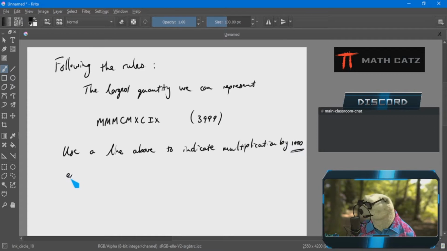So for example, if I wanted to represent 5,000, I would represent that with V, and then a line over it means times 1,000. So in this way, they were able to represent larger quantities without the need to introduce more and more letters.